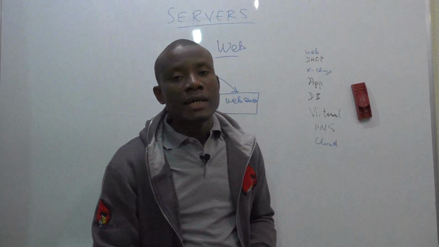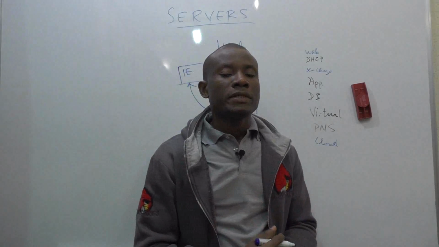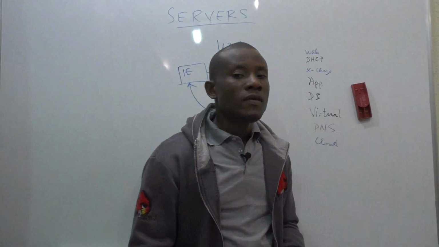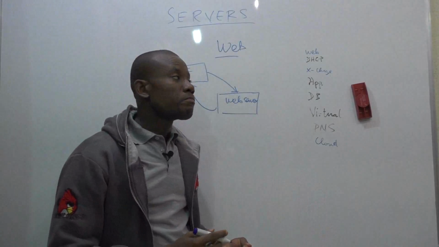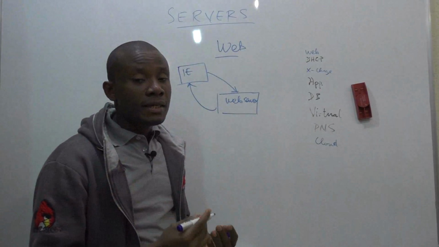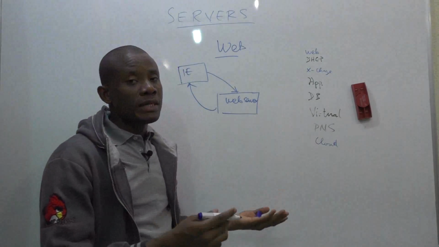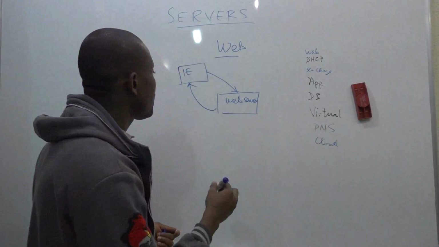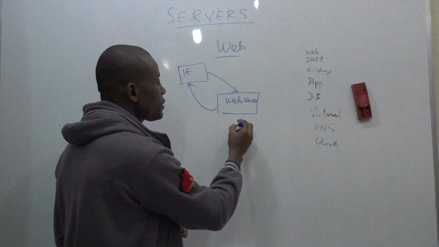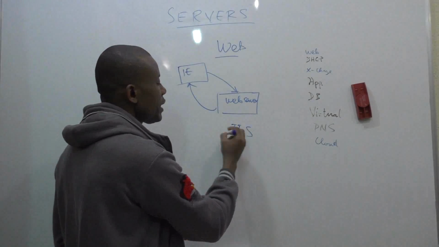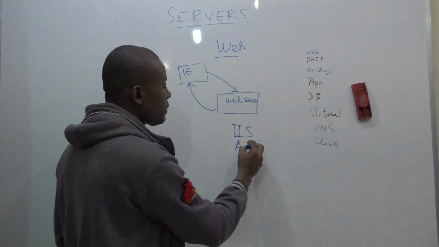Examples of web servers are Apache Server, which is also very common. We also have IIS, that is Internet Information Service. Those are the various examples of web servers we have today. We have Apache.